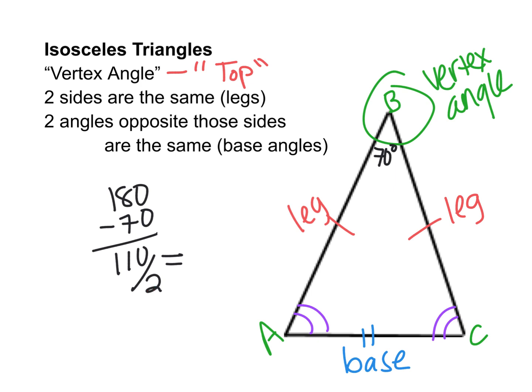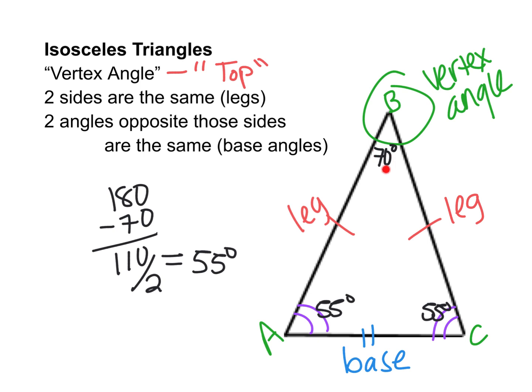We are allowed to split it in two to make that 55 degrees. So each of these angles is 55 degrees. And it can be anything that adds up to 180. This is just one example. This could be 40 and 70 and 70. So many options happening here.